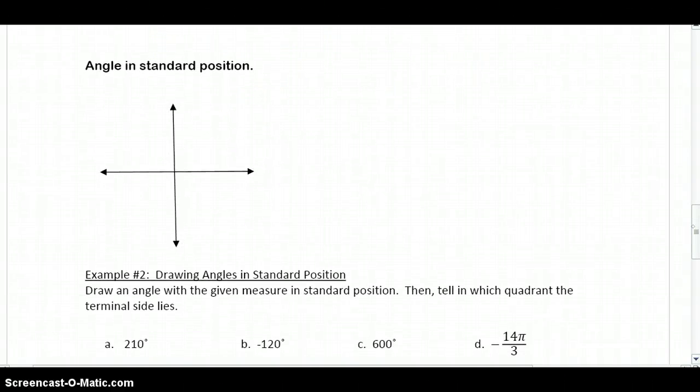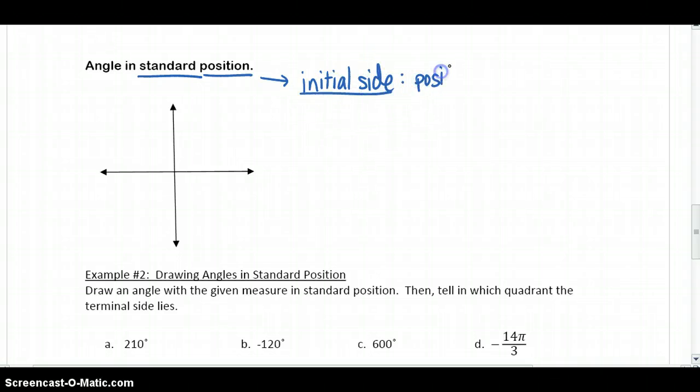Let's talk about angles in standard position. When we refer to an angle in standard position, what we mean is the initial side of the angle should be on the positive x-axis. So if we look at this coordinate plane, here's my x-axis. This is the positive side.